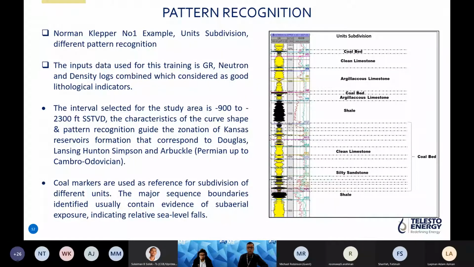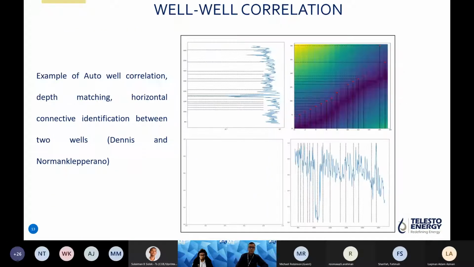And we have also used coal markers as a reference for subdivision of different units. So here we have applied auto well correlation to see the depth matching as well as horizontal connectivity identification between two wells.